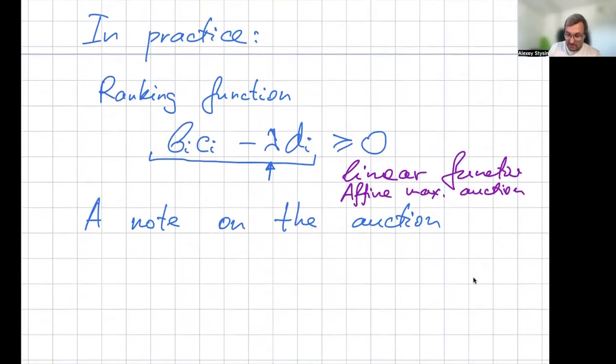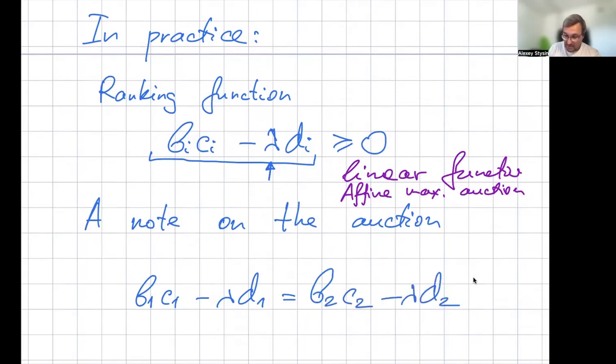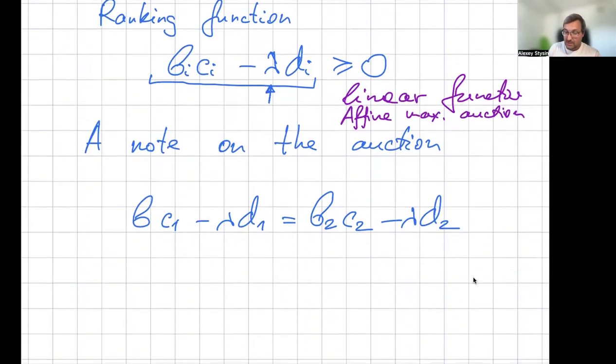Actually, I can spell it out: we just need to equalize the first guy with the second guy, c_2 minus lambda d_2. And now we need to find the smallest b that is going to make this equal. And this is going to be the b that gives this equality. This is going to be the GSP price.